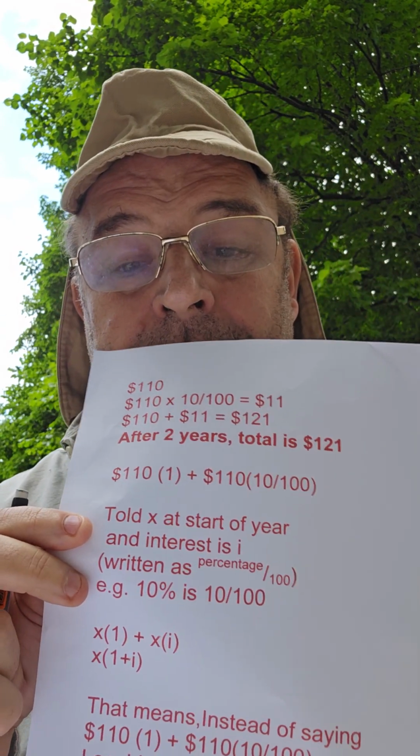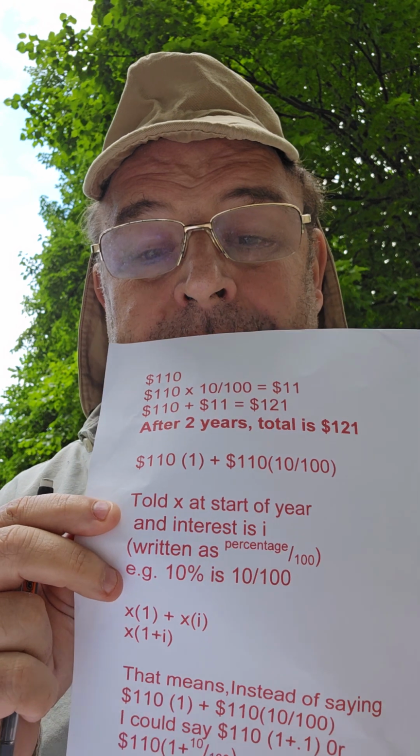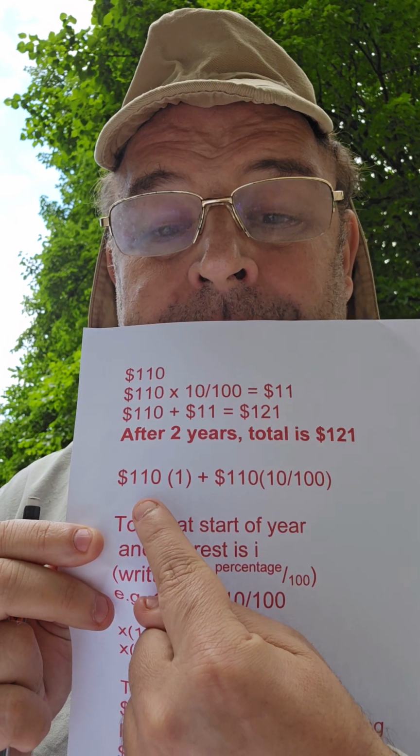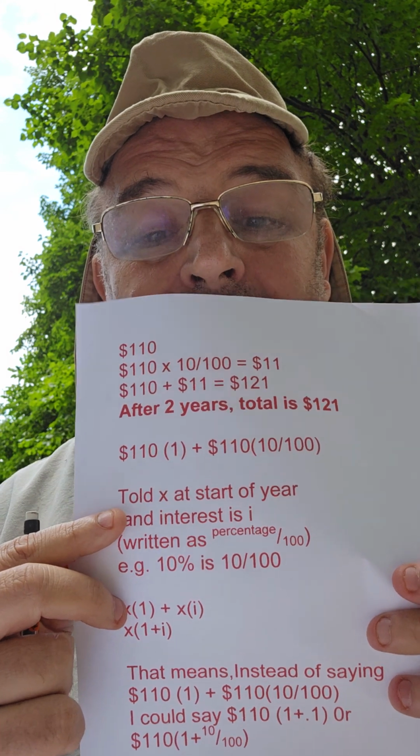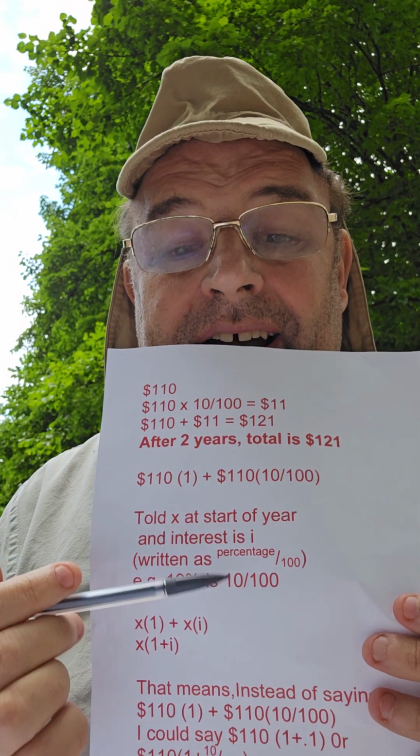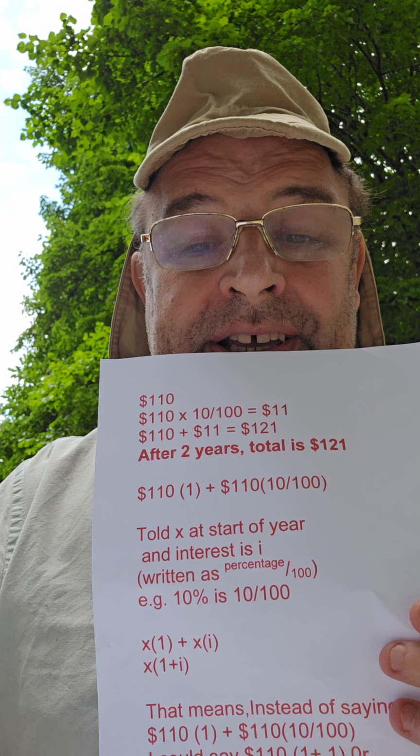Now I'm going to write the same formula except we don't know the numbers. Here we're told we're starting off with $110, we're going to get 10%. Let's say we're told the beginning of this year we start off with x and we're going to earn I interest. I is the amount over 100. So 7%, I would be 7 over 100.